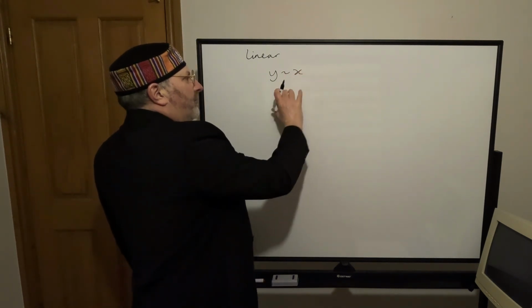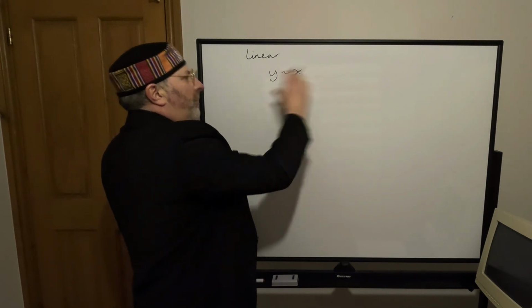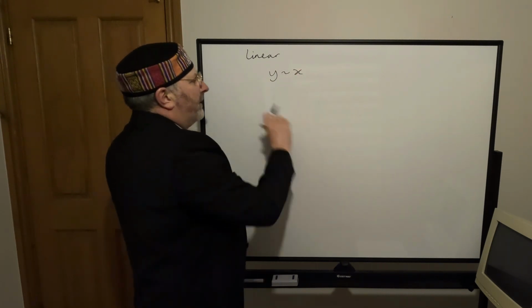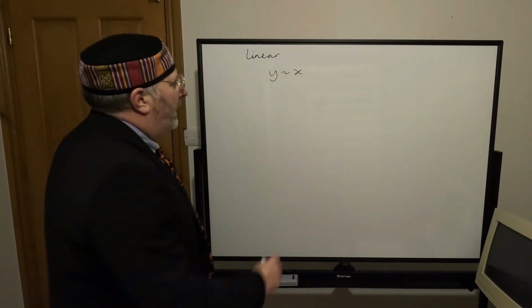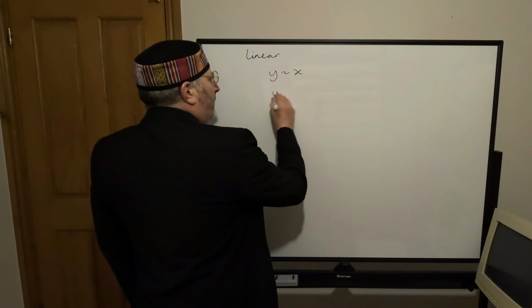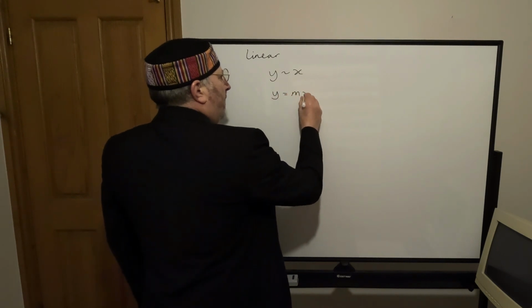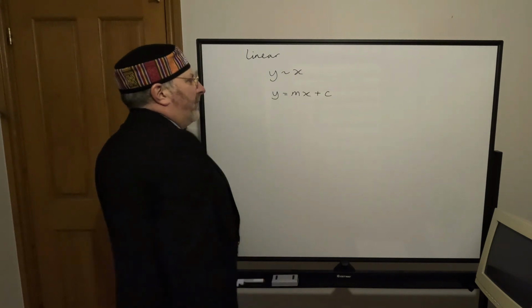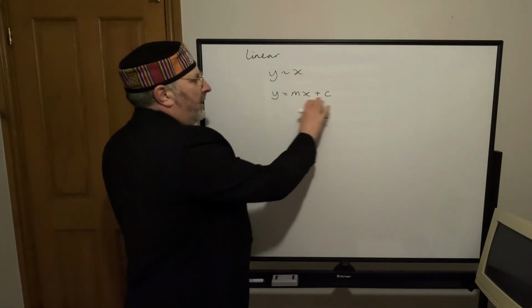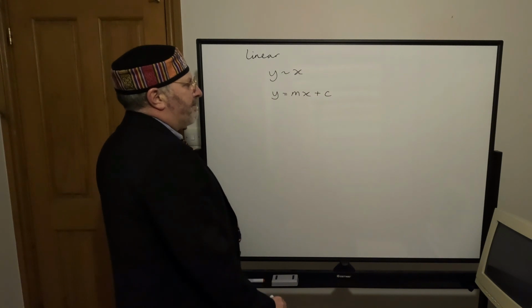Not x squared, not the square root of x, not the logarithm of x or anything like that, just on x to the power of 1. And the general formula for such a linear relationship is that y equals mx plus c, m times x plus c, where m and c are constants.